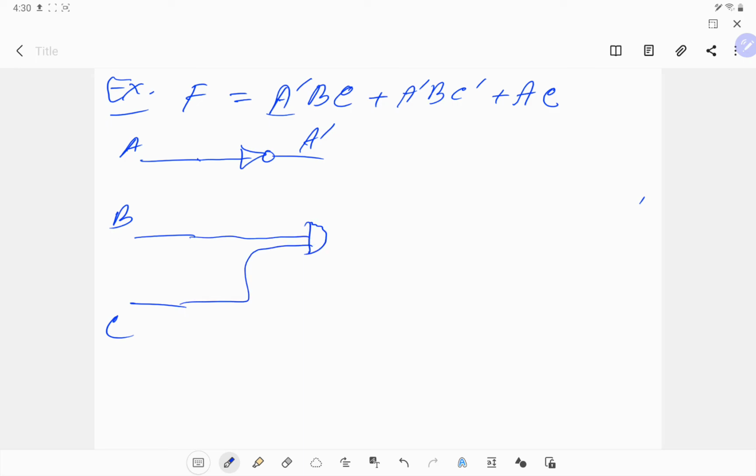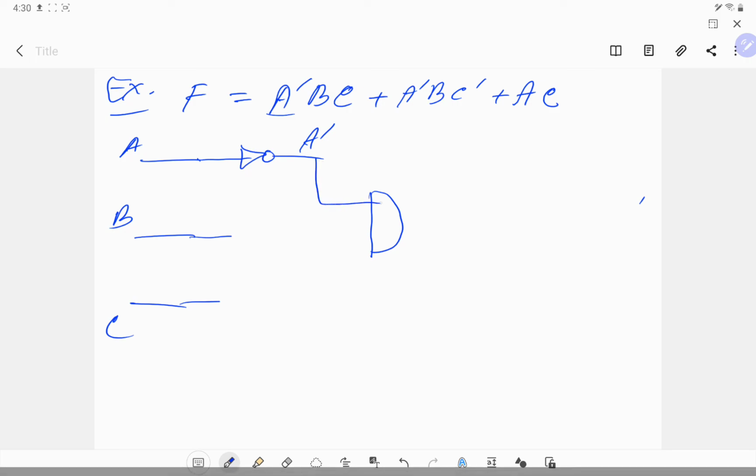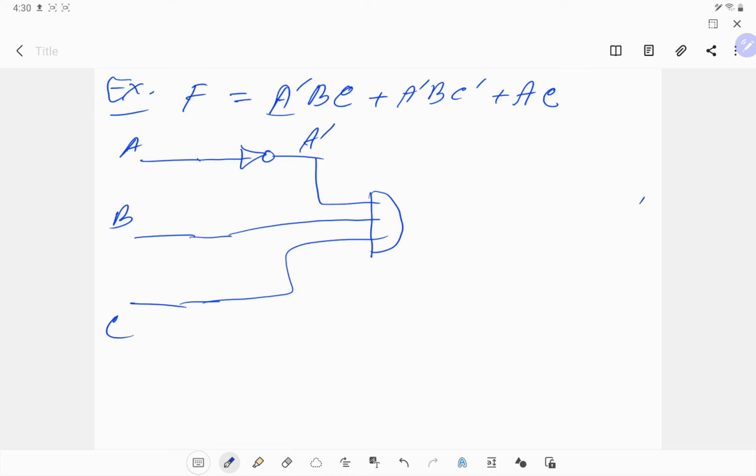For A'BC, another AND gate. Or for simplicity, we can actually use a 3-input AND gate. We don't need 2 AND gates. The first input is A prime, the second input is B, the third input is C.